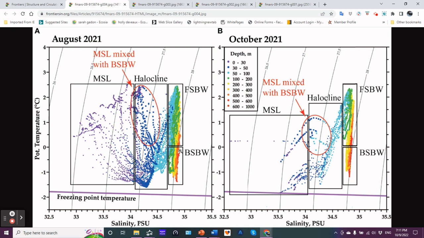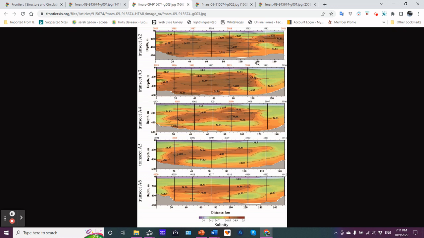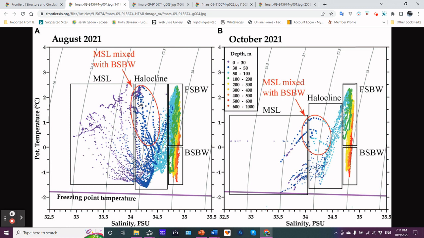And by the way, go back to, I think, this one here. There's your mixing. That's indicated right here. That's what they're showing.